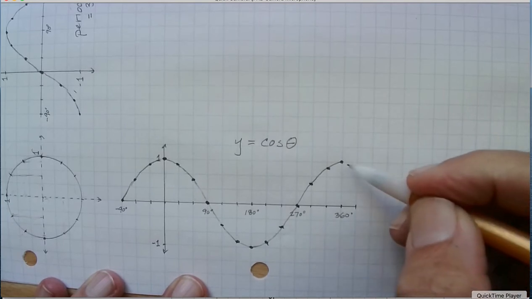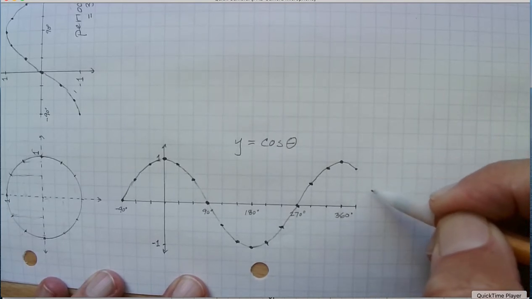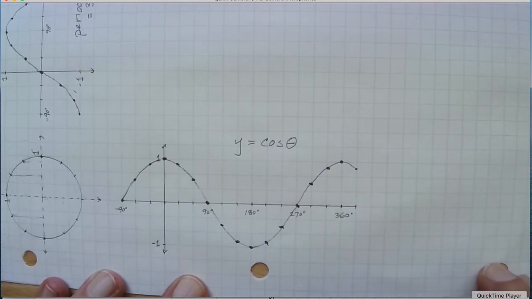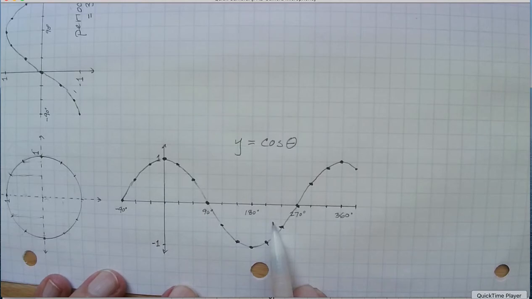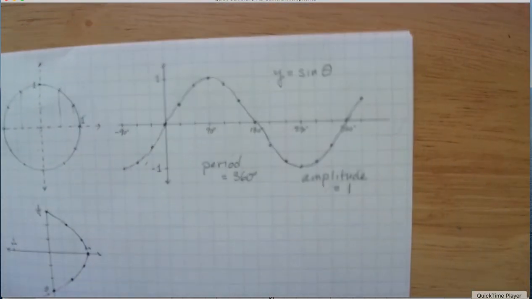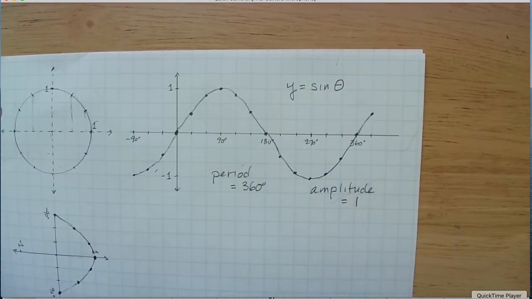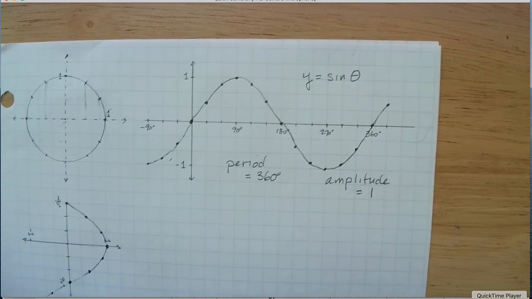Okay. And so this, again, the name of the shape is a sinusoid. The function is the cosine function, but its shape is called a sinusoid. And up here we have the sine function, which is also a sinusoid, but it's just in a different location.